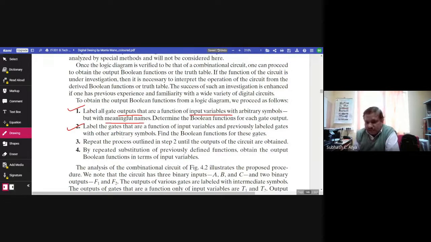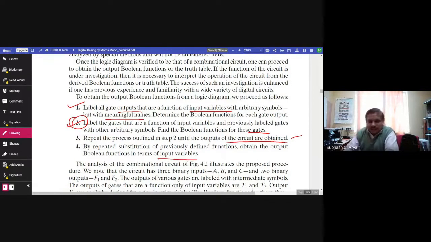Find the Boolean expression for these gates. It's the second level. Third, repeat the process outlined in step 2 until the outputs of the circuit are obtained. And last, by repeated substitution of previously defined functions, obtain the output Boolean functions in terms of the input variables.